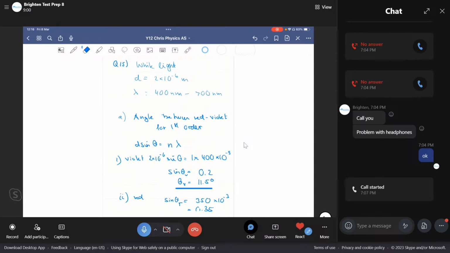And henceforth, what is the angle? 20.5 degrees. So what is therefore the angle between the two? It's 9 degrees. Okay.